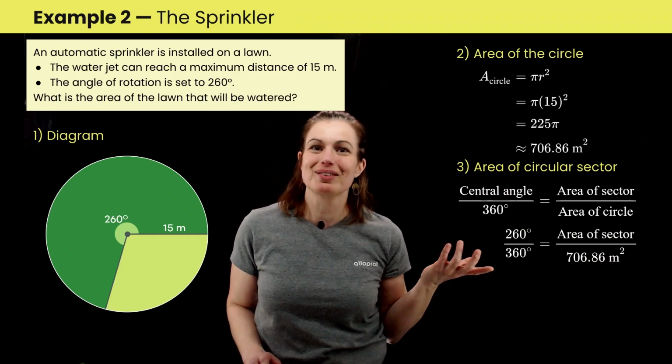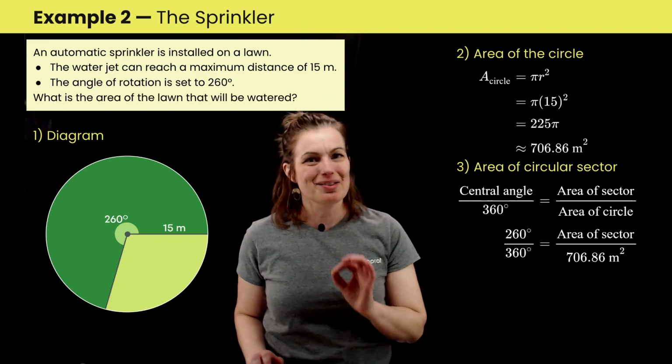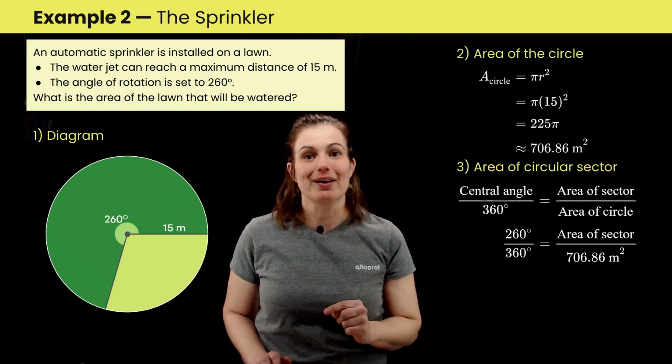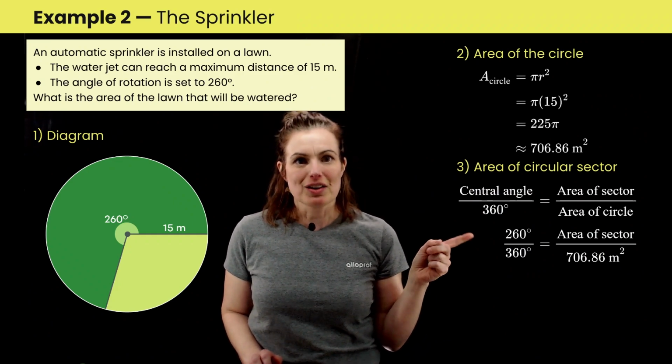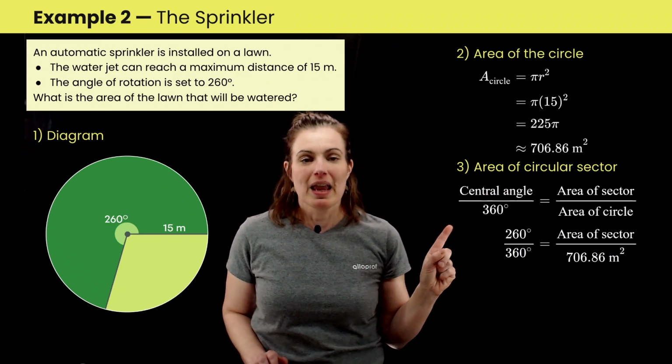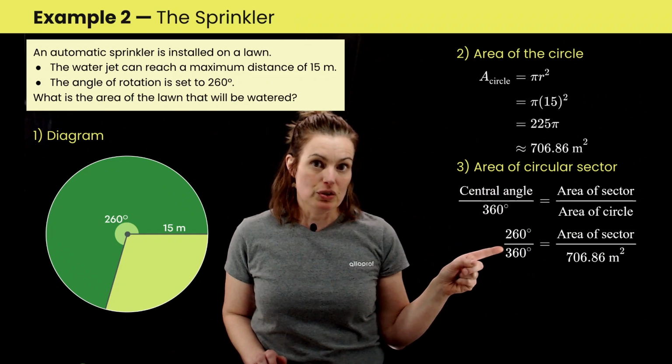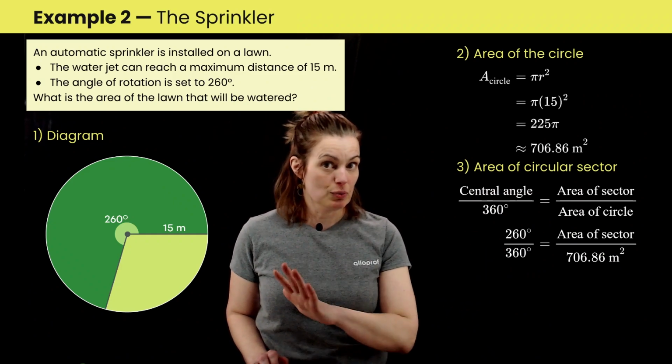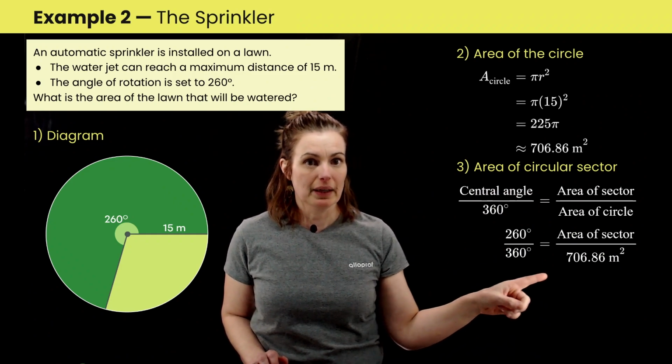But we're going to go back to our circular sector because that's the one we need for this problem. This is clearly an area problem. So the central angle was 260 in this case. I'm going to put that over 360 degrees, and set that equal to the area of the sector. That's what we're looking for, so I'm going to leave that blank. I don't know it yet.